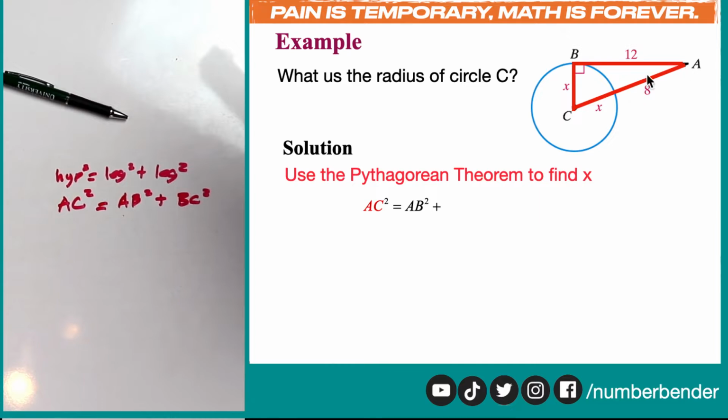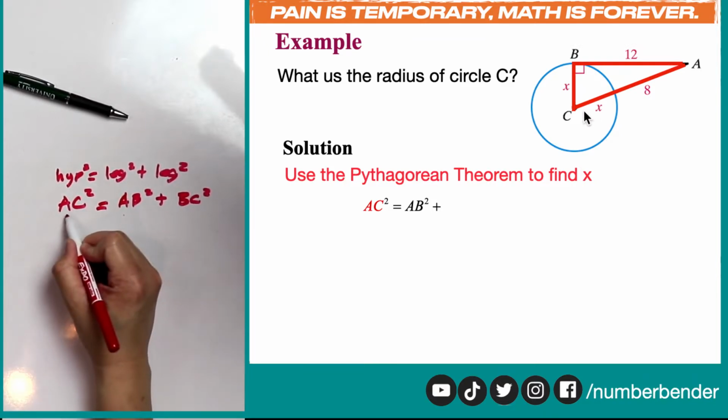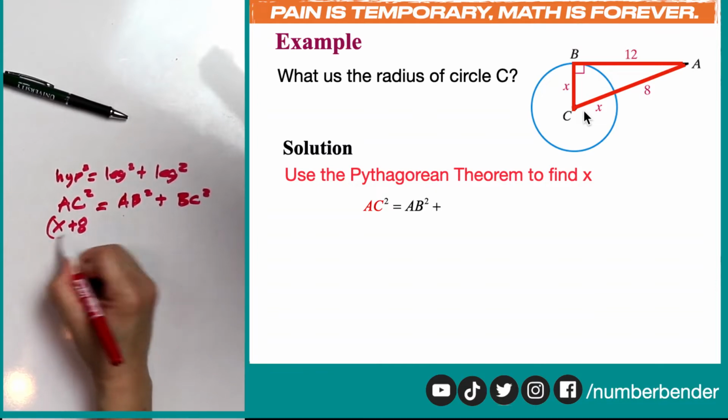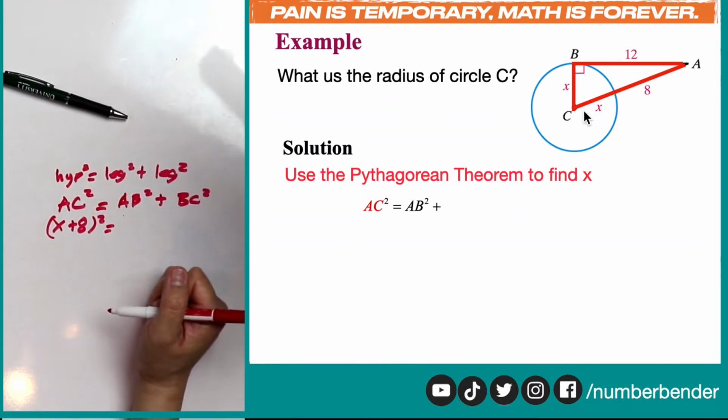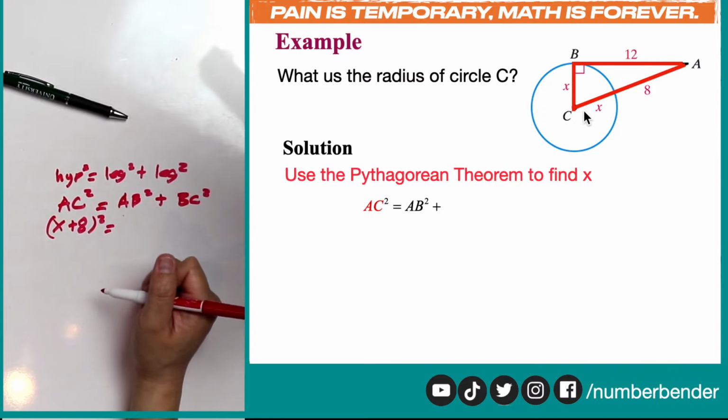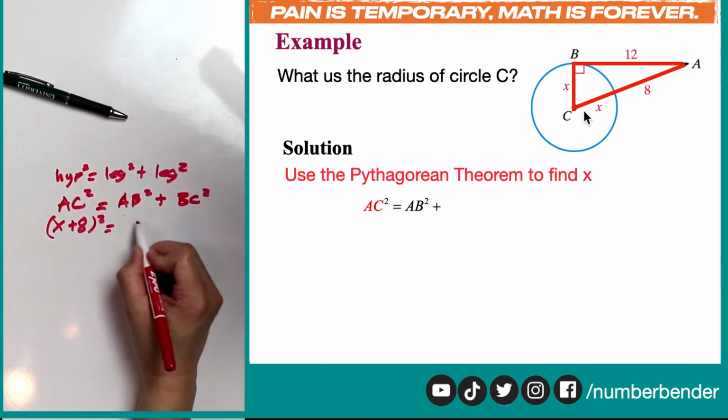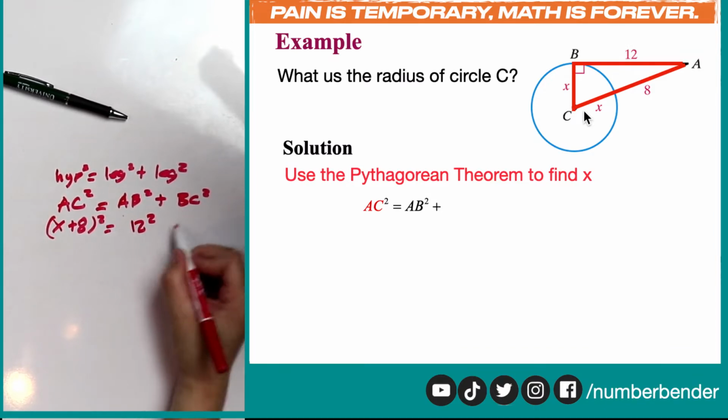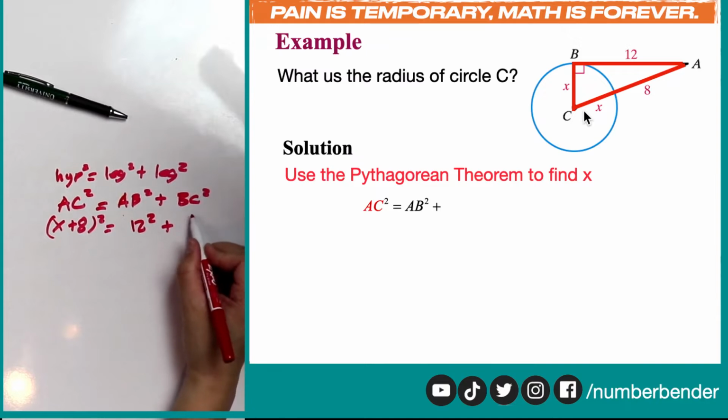So we add these two values to form line segment AC. AC is going to be the expression x plus 8 units, and we're going to square it. For line segment AB squared, it's pretty straightforward because we know that it's just 12 units, and we're going to square it, add it to line segment BC, which happens to be x, and then square it.